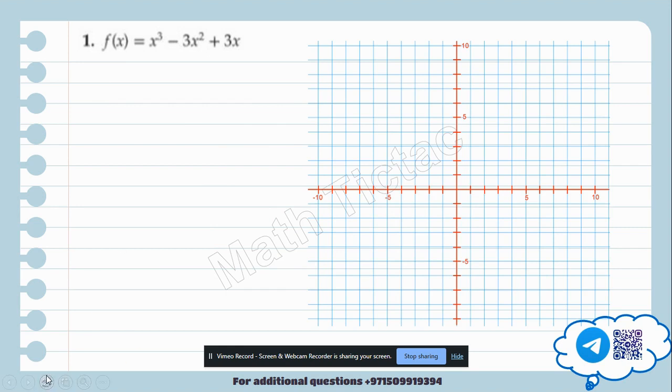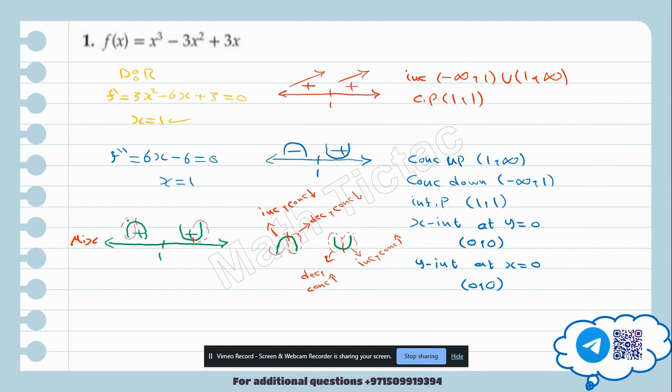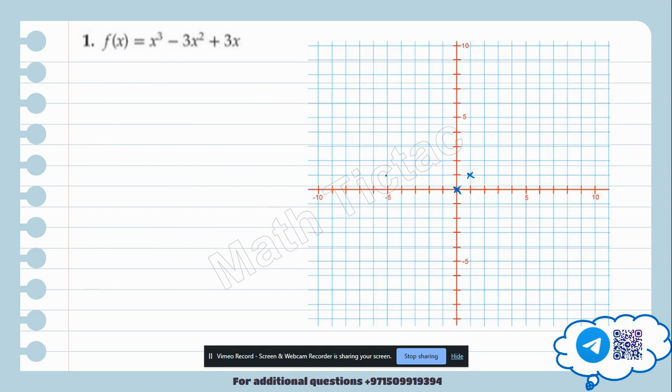Starting with these points, this is 1 and 1, and you have 0 and 0. Now before the one you have this part, so I'll graph the same part exactly.